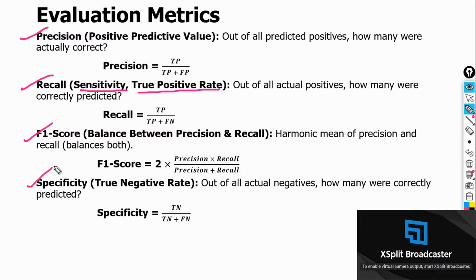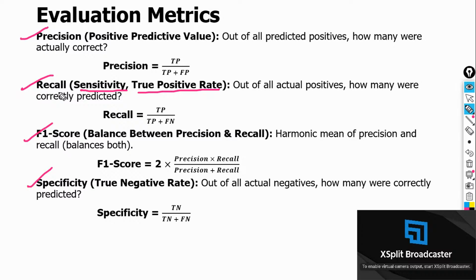It's better if you learn them by heart, because whenever you do a project on a classification task, you are supposed to carry out all these things. Out of all the actual positives, how many of them are correctly predicted? So TP by TP plus FN, the false negatives, is calculated as recall.